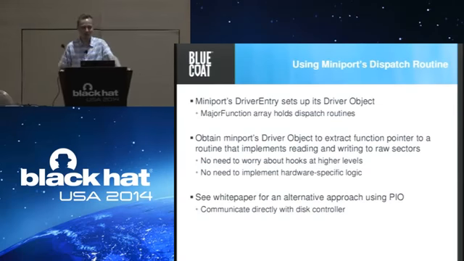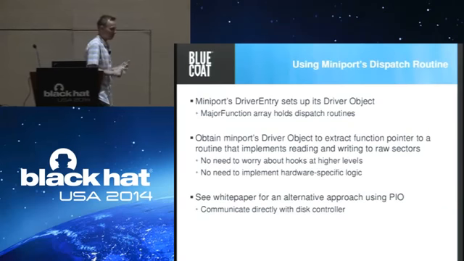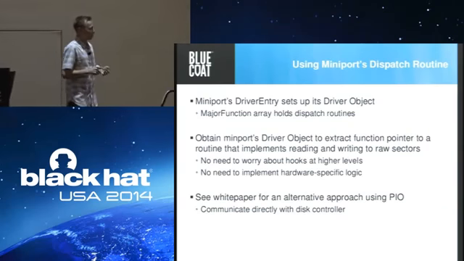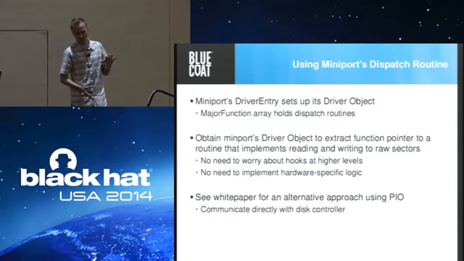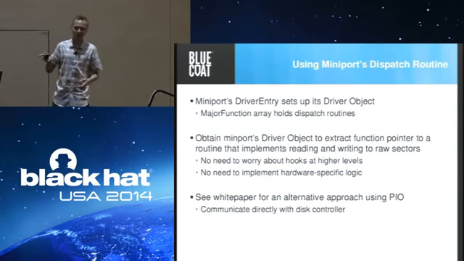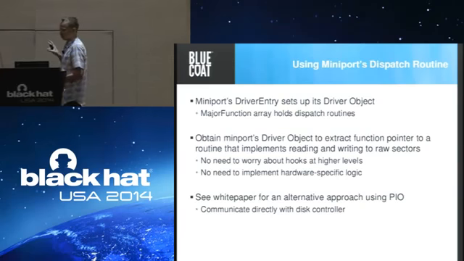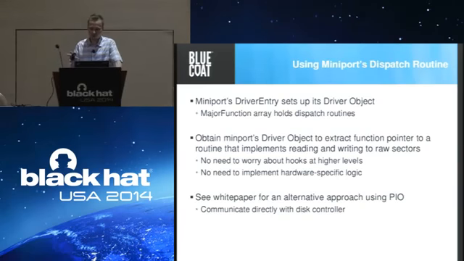The miniport driver will set up the driver object. This goes for any driver on Windows, really; it will set up its driver object when it's loaded. The driver object contains a major function array, which is an array of function pointers to the various dispatch routines supported by that driver.